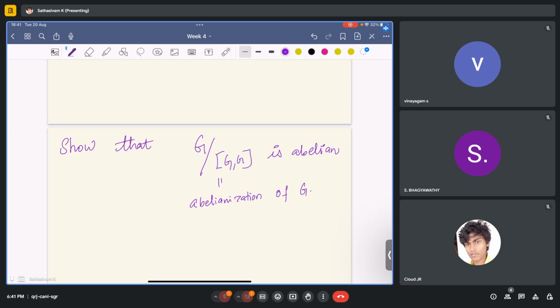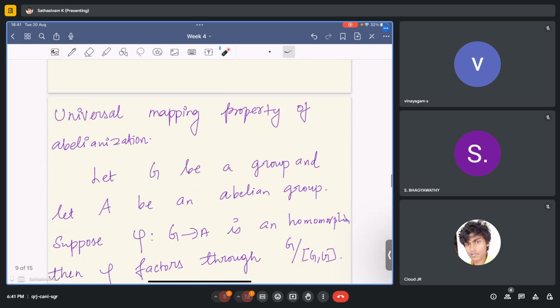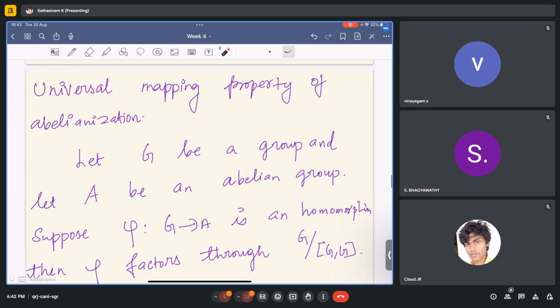So what we are going to do is divide that group by some normal subgroup to make it abelian, and that is called the abelianization. Okay. So this has a nice property which I will state here.